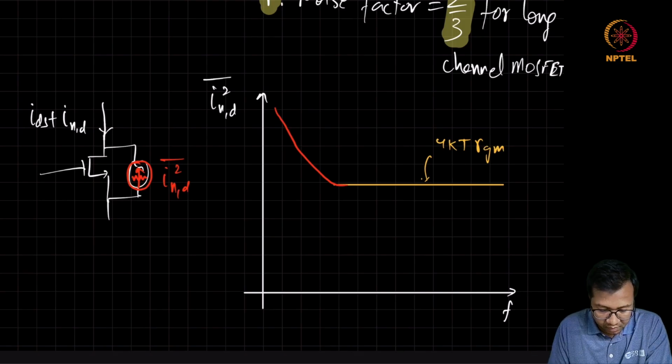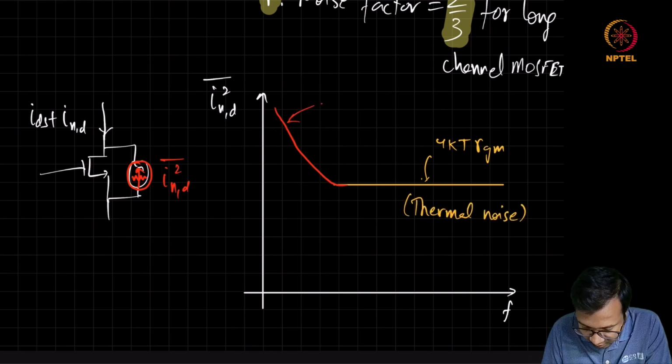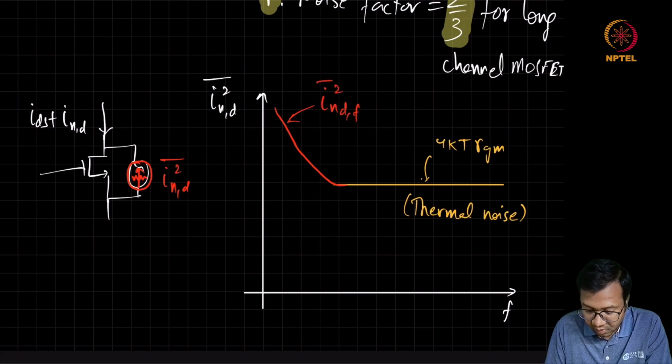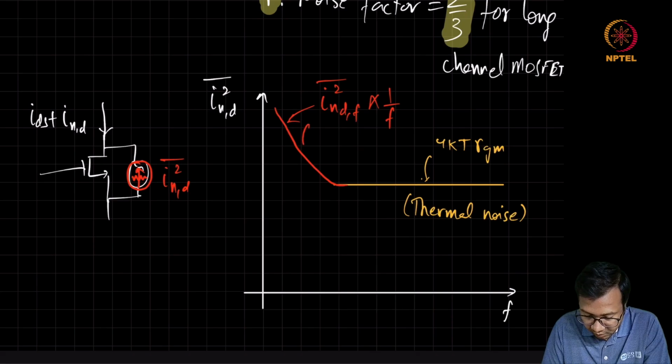The reason is at very low frequency, another type of noise starts dominating, and this noise is called flicker noise. Call it INDF, see that it is proportional to 1/f. This is also called flicker noise.